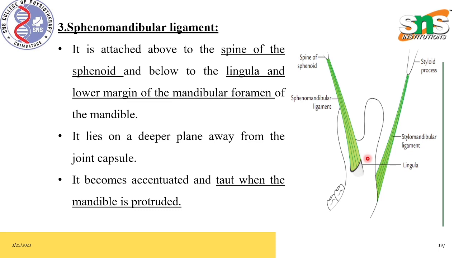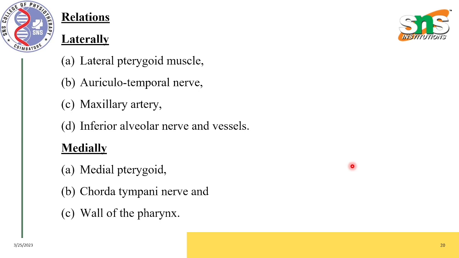It lies in a deeper plane away from the joint capsule. It becomes accentuated and taut when the mandible is protruded. So when the mandible is protruded, this sphenomandibular ligament will get tight.